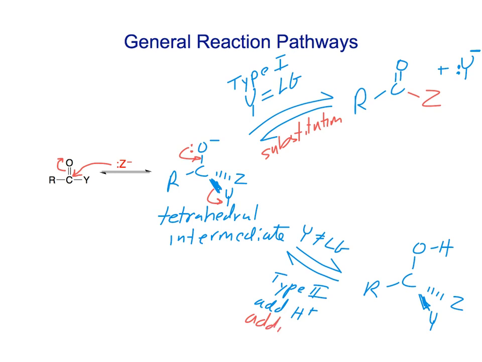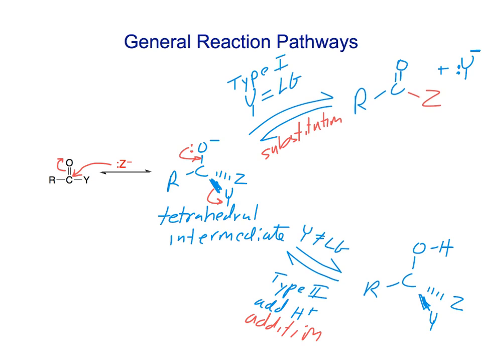This is an addition reaction. It's kind of just like the addition reactions to alkenes, right? We've added an H to one side of the pi bond. We've added a Z group to the other end. We added 2 groups, and the pi bond is now gone. It's like adding HBr to an alkene, right? It's an addition reaction.